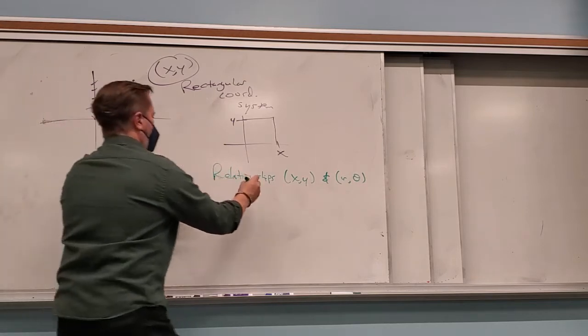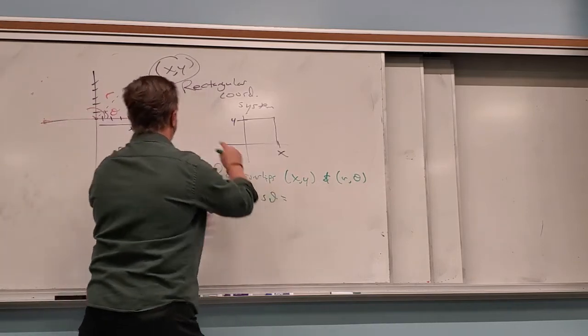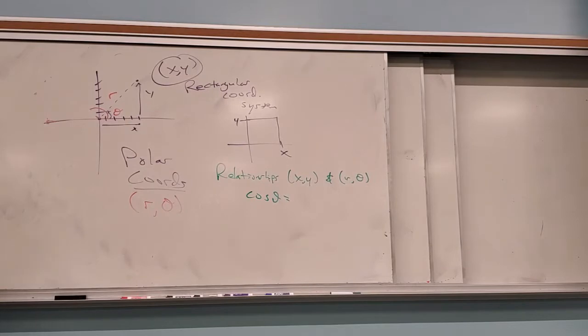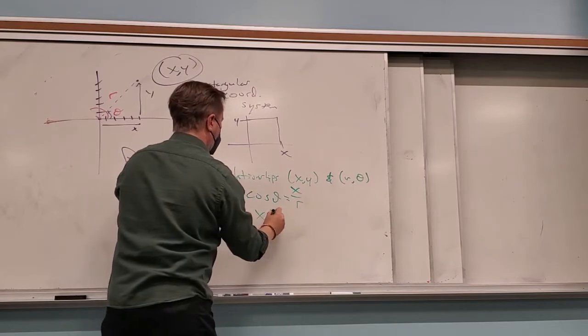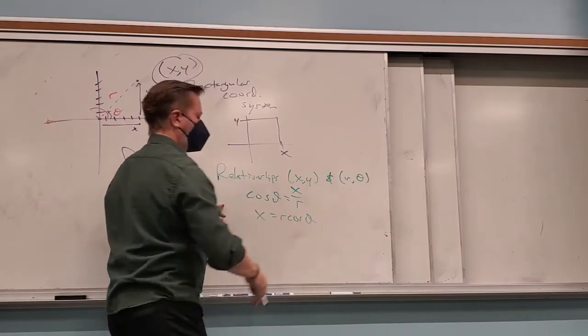Sure. Okay, so help me out. What's cosine theta from this little triangle? X over r. So x is r cosine theta.